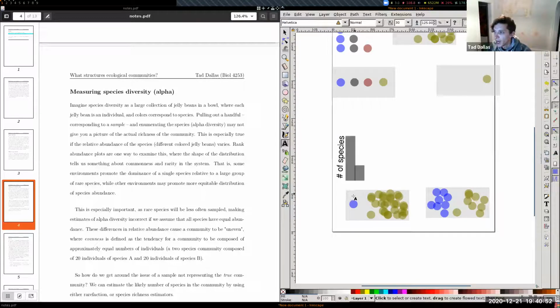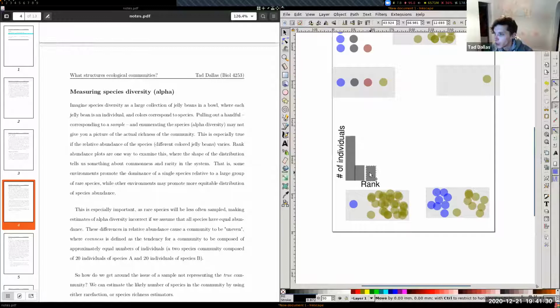Sorry, I'm thinking of species abundance distributions, which I don't think we'll go over. I'm looking at my notes from last semester, which I got to draw on paper. And we won't go over species abundance distributions in this class.